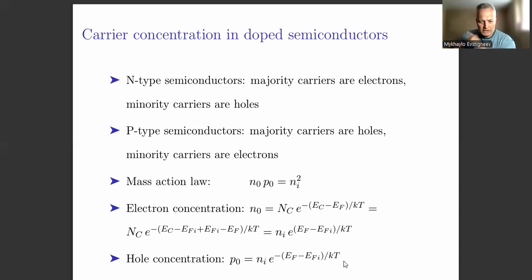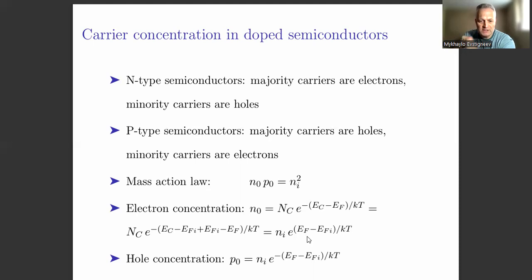But I would like to make the following observation. If the Fermi energy is higher than the intrinsic Fermi energy, then this exponential in the first expression for electrons becomes bigger than 1. So the intrinsic concentration is multiplied by a number bigger than 1 to give the electron concentration, which means that the semiconductor is of n-type.